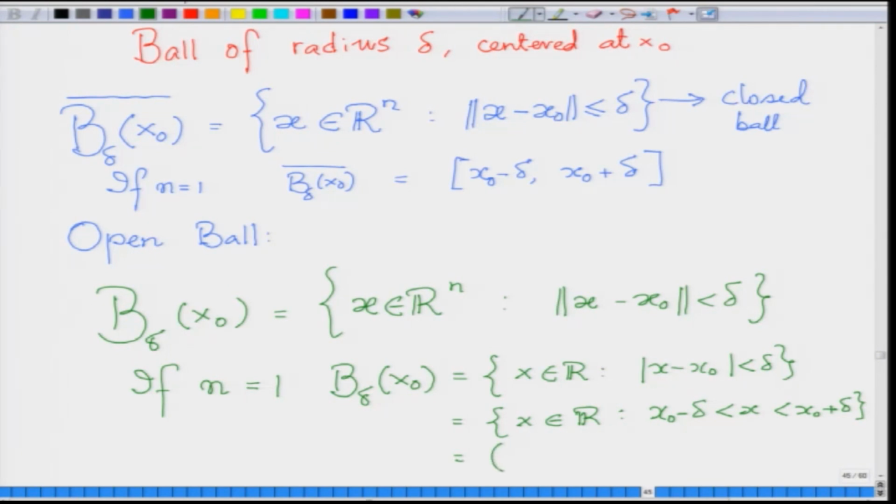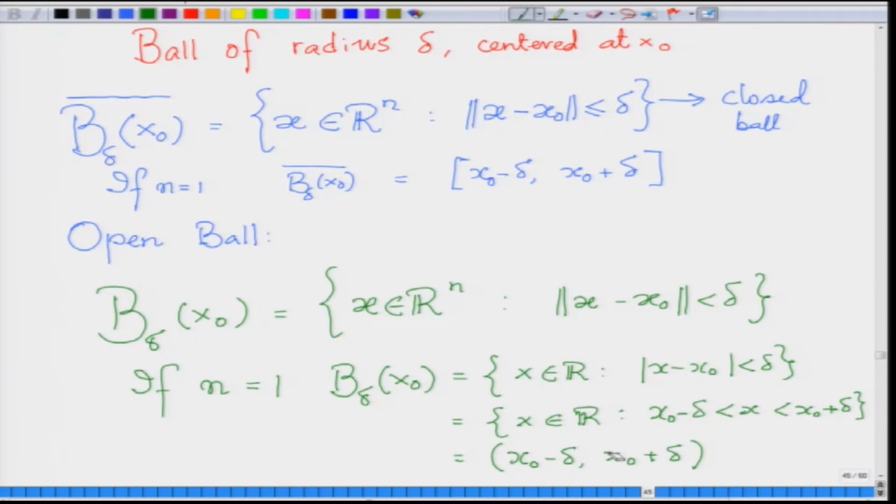Another way of writing this is the open interval x naught minus delta to x naught plus delta. So, you see this open ball and closed ball are exactly generalizations of the delta closed interval and the delta open interval, right. This is the delta closed interval and this is the delta open interval. So, this is what we have summarized.